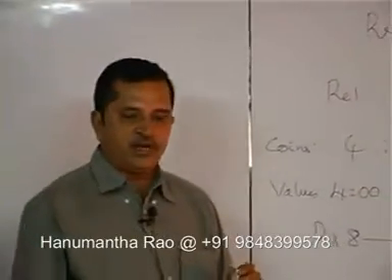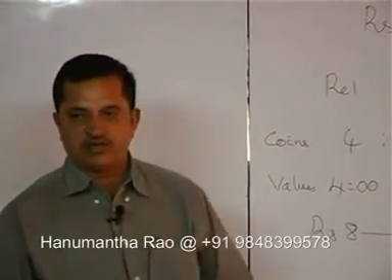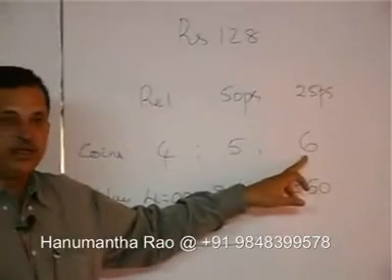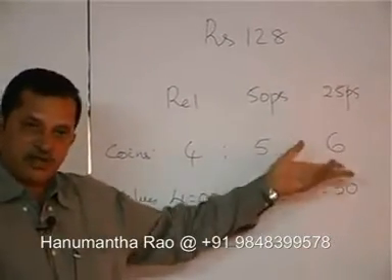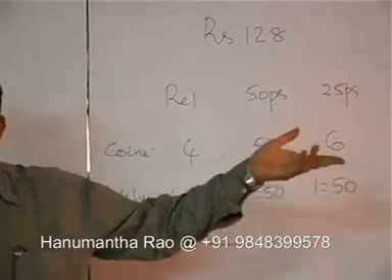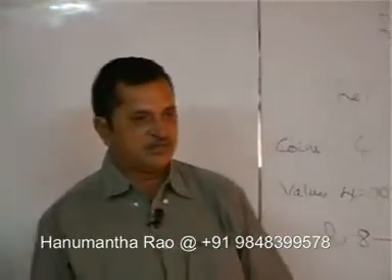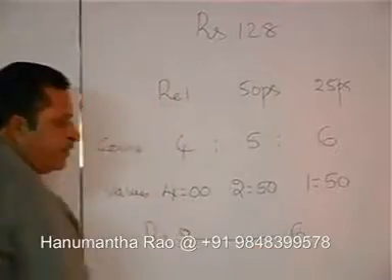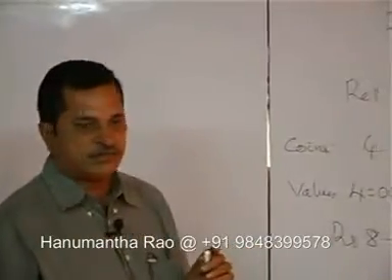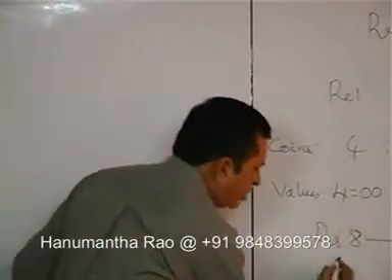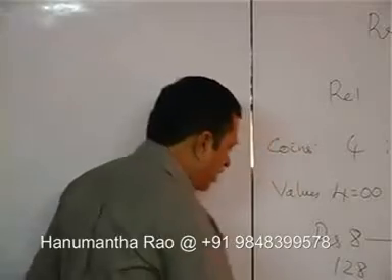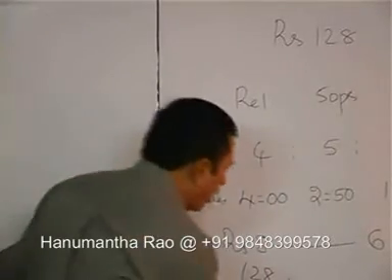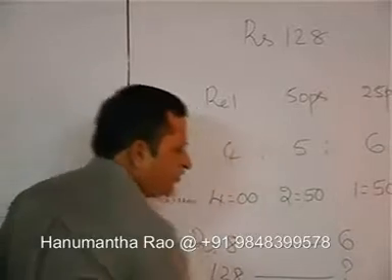For 8 rupees, how many 25 paise coins did we get? 6. In what proportion? According to the proportion given in the problem, 4:5:6. For 8 rupees, the number of 25 paise coins is 6, so for 128 rupees, how many 25 paise coins are there?